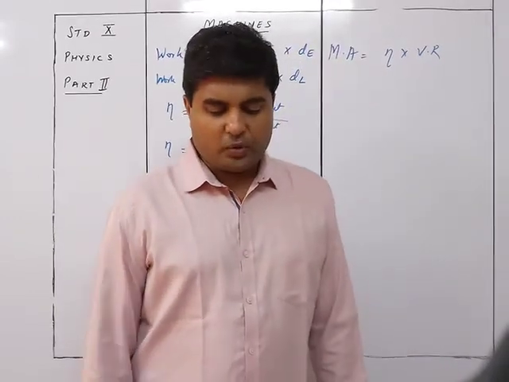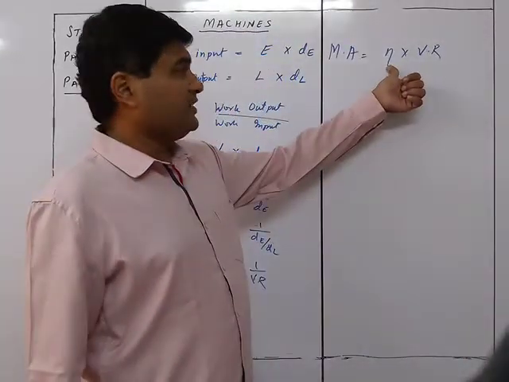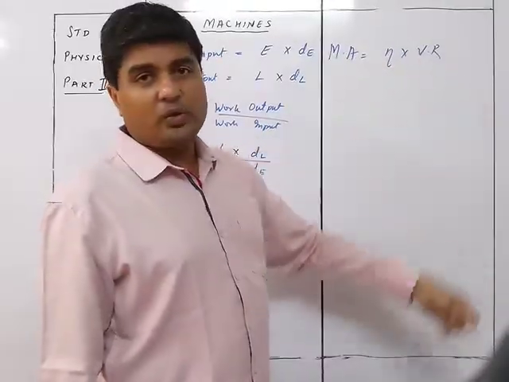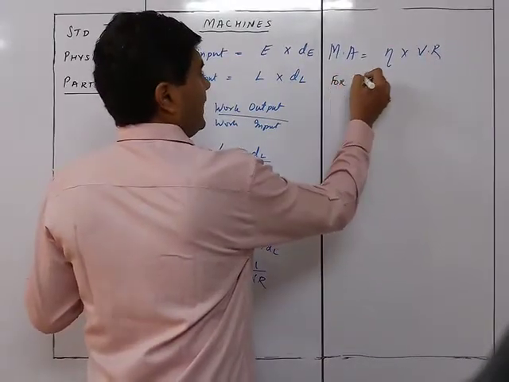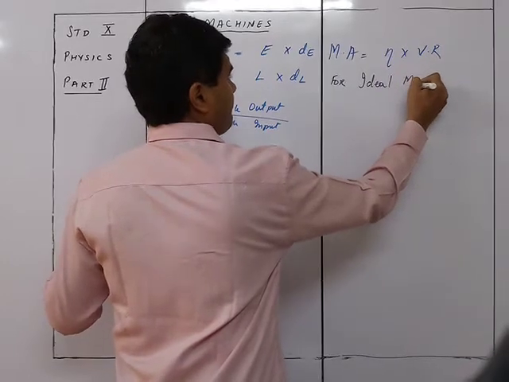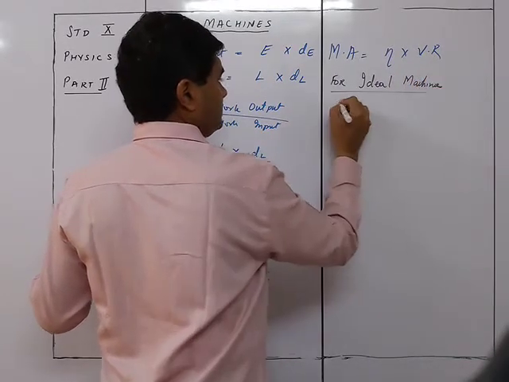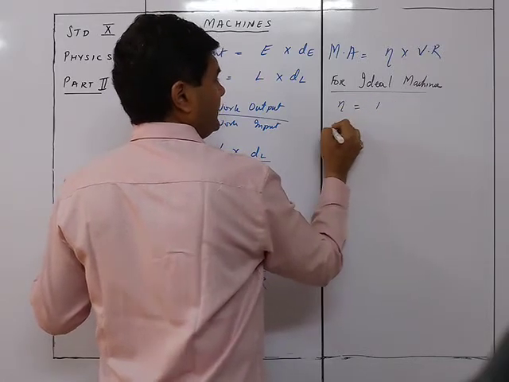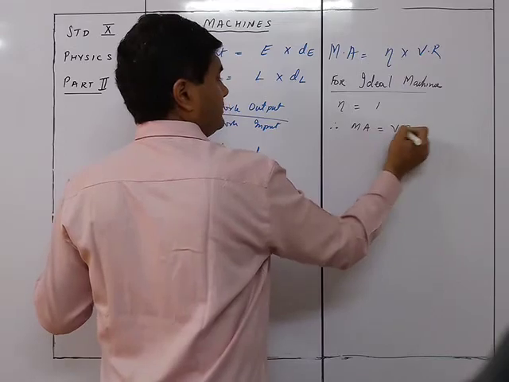So the efficiency is equal to 1 or 100%. So the mechanical advantage, if this is 1, mechanical advantage will be equal to VR. So we can say that for an ideal machine, efficiency is equal to 1, therefore MA is equal to VR.